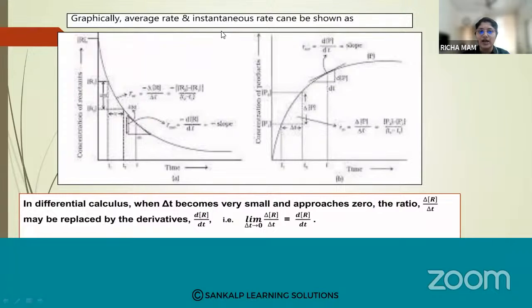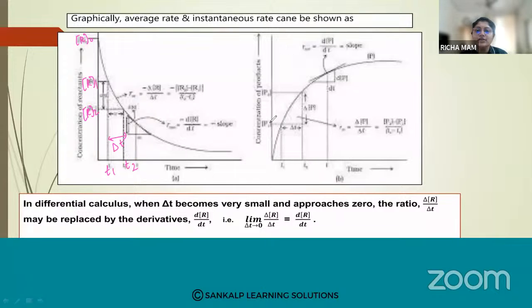These are the two graphs. Here this is R naught, this is the concentration R1, and this is R2, at time T1 and time T2. This is delta T, the change in time.